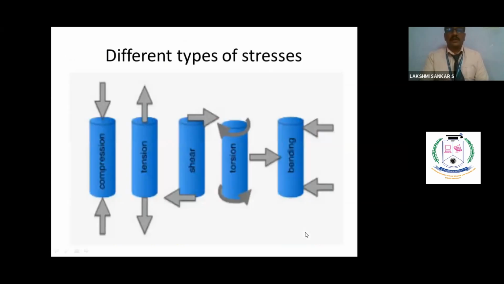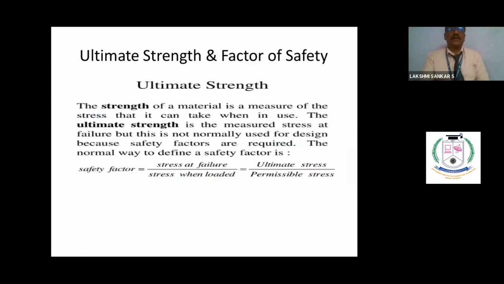That's what we discussed. Then different types of stresses are shown here: compression, tension, shear, torsion, bending, and so on. These are some other practical cases. Then I said ultimate strength and factor of safety. It is the maximum strength it can withstand just before failure.